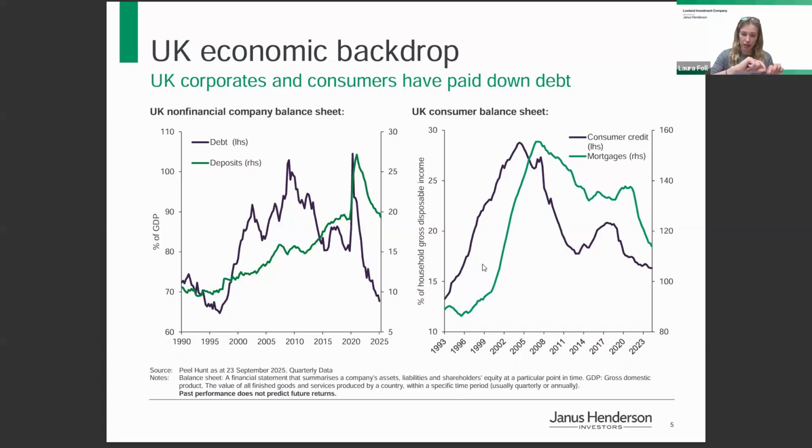So you can see that dark line building up into the financial crisis. And then we've seen a long deleveraging trend since then. So since 2009 odd, companies have been steadily paying down debt, and in the green line, building up cash deposits. So you've seen this real conservatism on the part of UK companies in that post-crisis period.